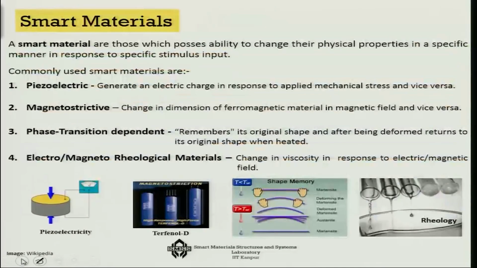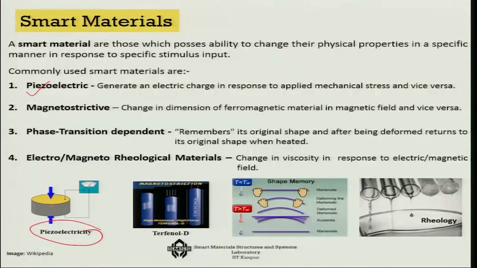Now, if I look at the smart materials which possess the ability to change their physical properties in a specific manner in response to a specific stimulus input, then commonly used materials are the piezoelectric materials, as you can see in this little animation. You are changing the electric field which is generating the charges, and in response to that, the whole thing realigns itself, and as a result you are getting a mechanical deformation in the system.